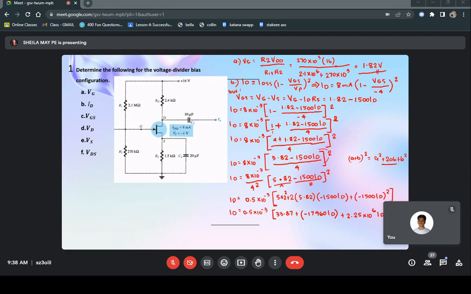So what are we gonna need to do? Okay. Sayop. Di na lang ako isulat. Imong i-distribute si 0.5 milli sa kada term. So 0.5 times this one.